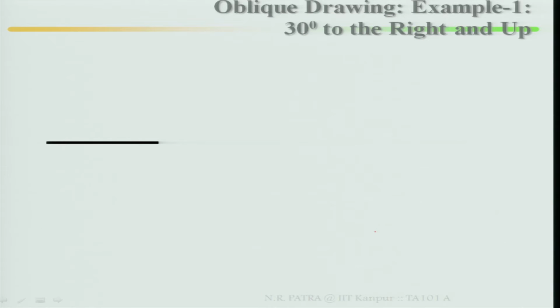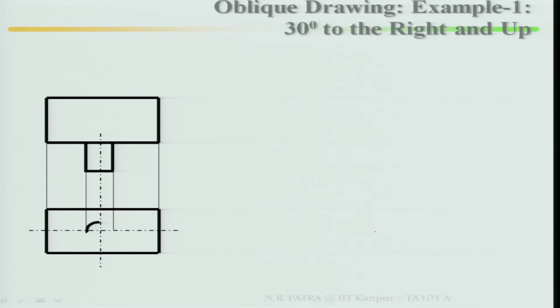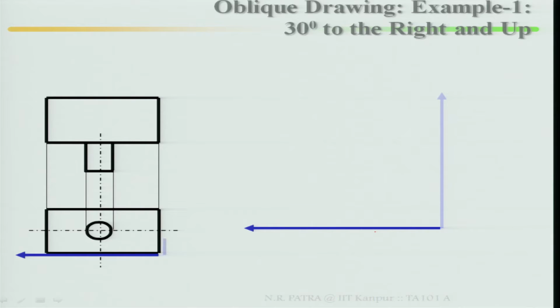Similarly, the second example, 30 degrees to the right and up, I have also covered, just for repetition. Mark your reference point, then width, then height, then 30 degrees for your depth direction.